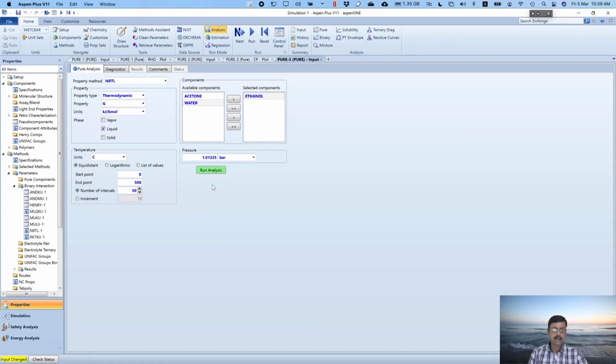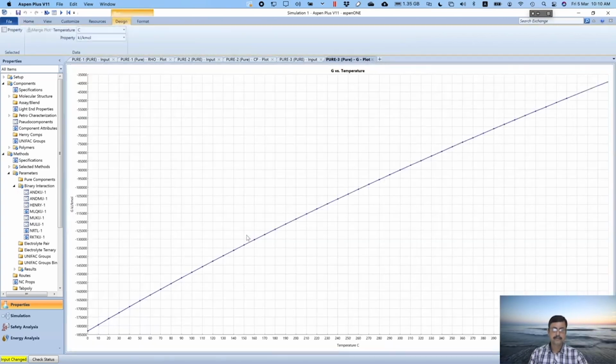First, let us say at 1 bar, run analysis. So this is the G versus temperature.